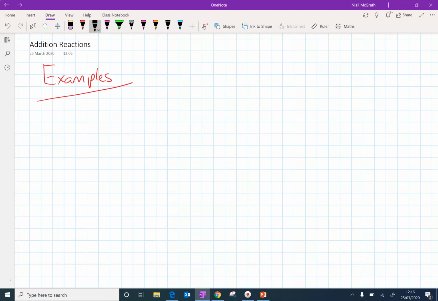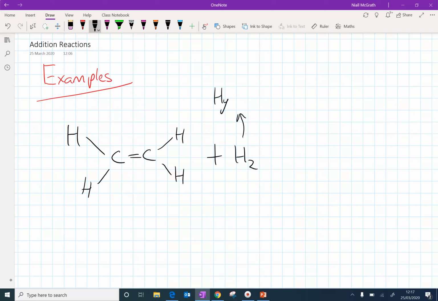All starting with ethene. If we add hydrogen, this would be called hydrogenation, if you're adding hydrogen to something.